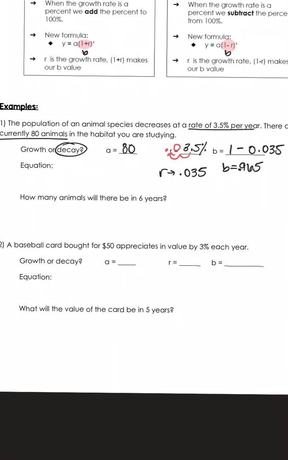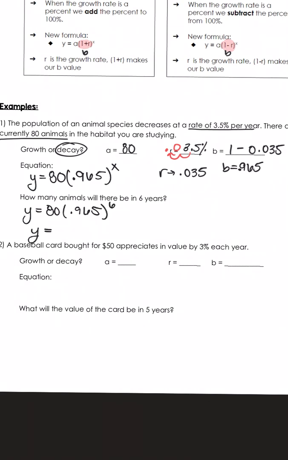So now I need to put my equation together. It's going to look like y equals my a value is 80, my b value is 0.965, and this is still to the x power. So our follow-up question asks, how many animals will there be in 6 years? So that tells me my x value is 6. So I substitute that into my equation.